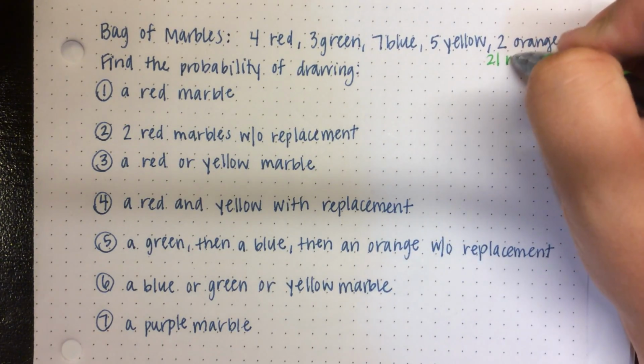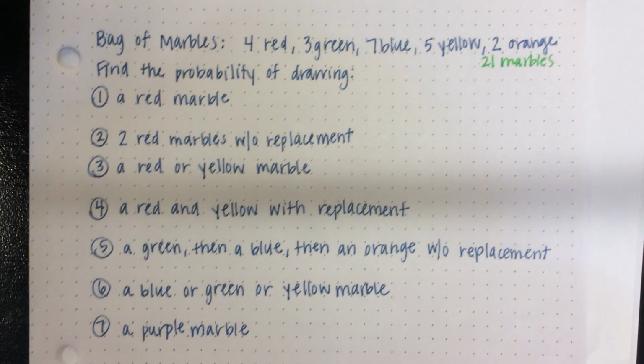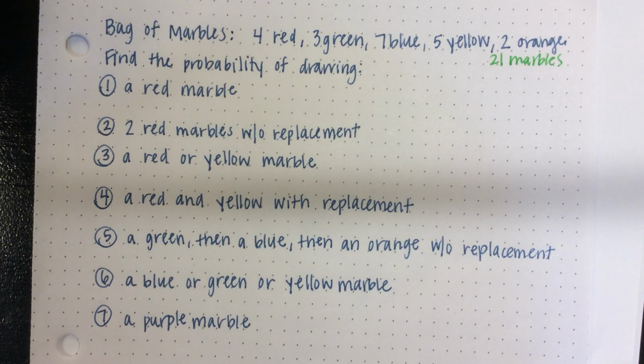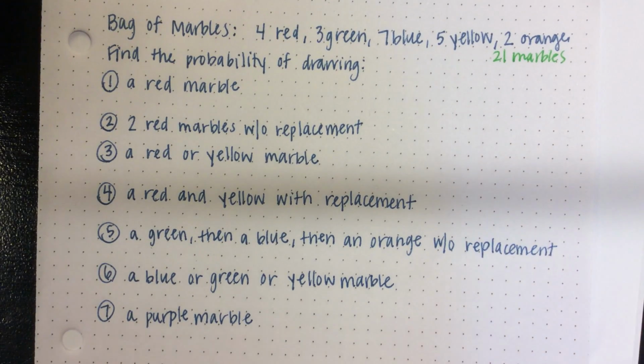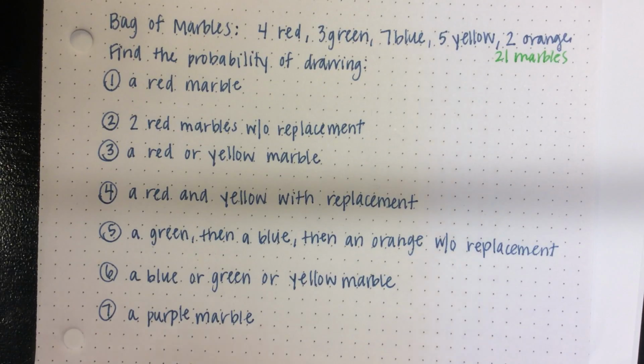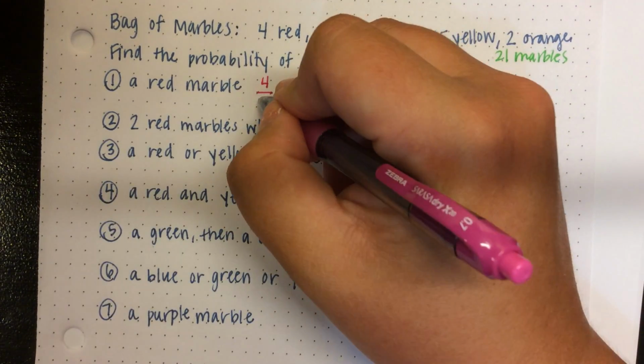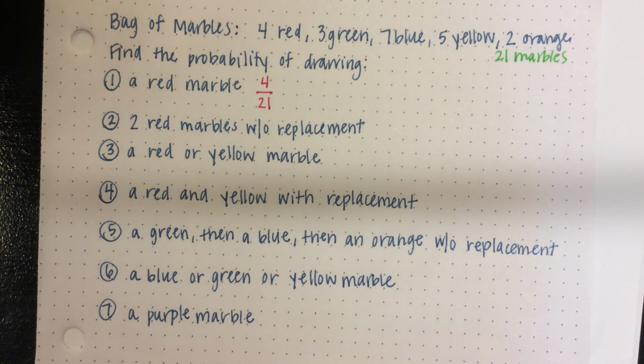So I've got 21 marbles in this bag. To start with, I want to find the probability of drawing a red marble. To find a basic probability, I take what I want over the total. I want red. I have 4 red. My total is 21. I can't simplify it, so my answer is 4 out of 21. That's it. There's your probability.